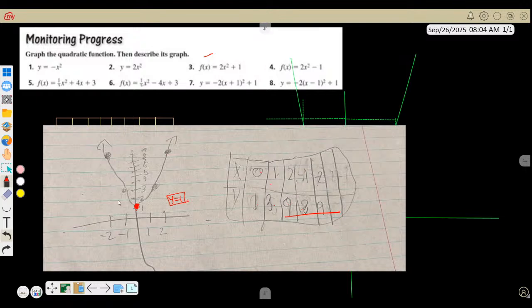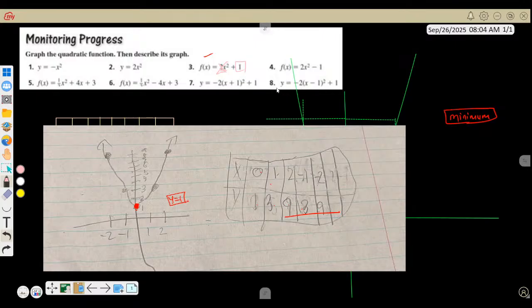So can I say, if I want to find the minimum point of any quadratic function or graph, you simply put x as 0? You can see if you put x as 0, you will get the minimum point.